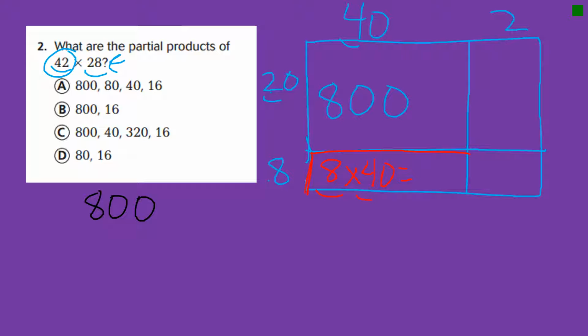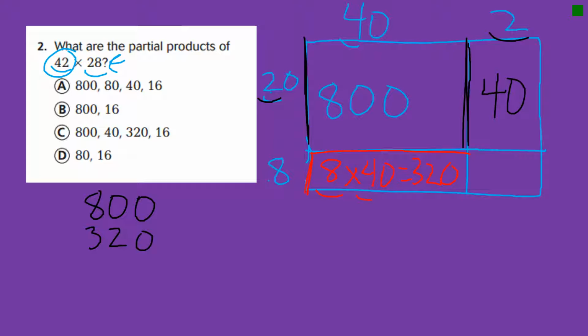8 times 2 is 16. 8 times 4, double 16. 320, or 32, and then add the 0. Next partial product. All right, let's move up here. How many rows? Where do we find that? Parallel line. 20 rows of 2. Awesome. More mental math. 40.